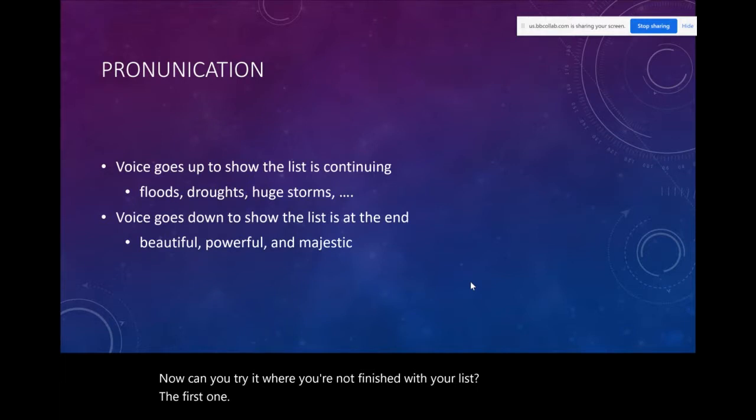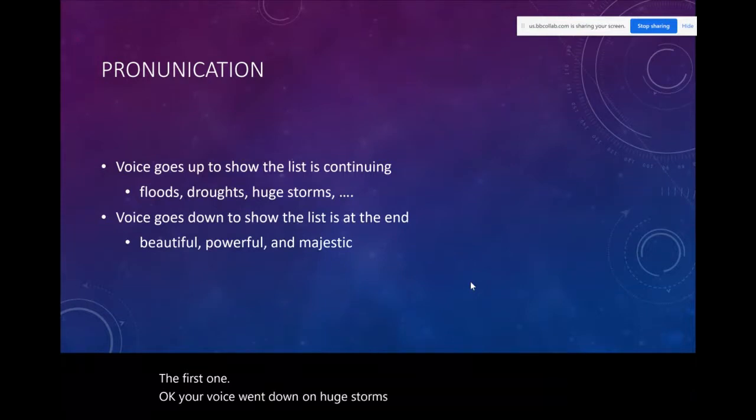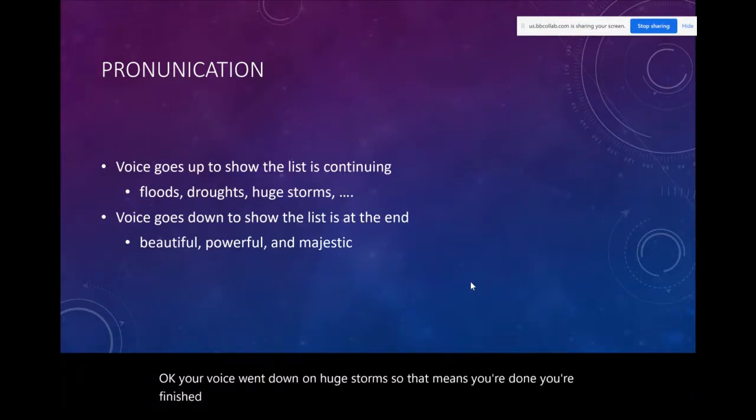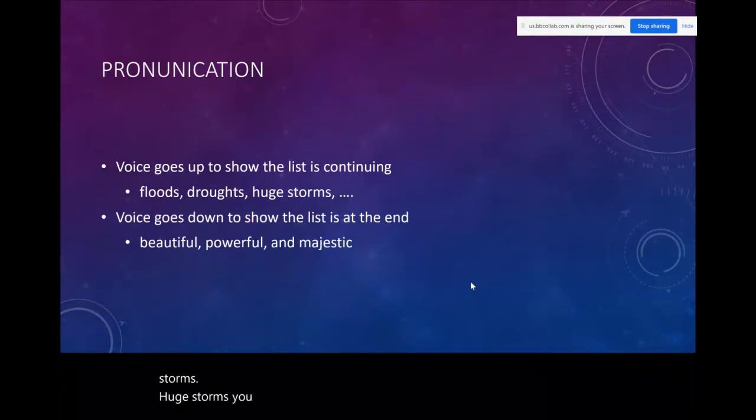Okay, your voice went down on huge storms. So that means you're finished with the list. But let's pretend that you're not finished. So you say huge storms, you go up with your voice. Okay. Huge storms. It kind of went down.